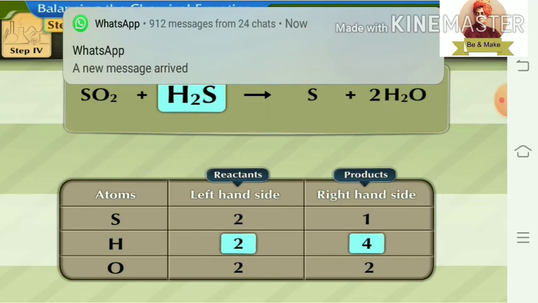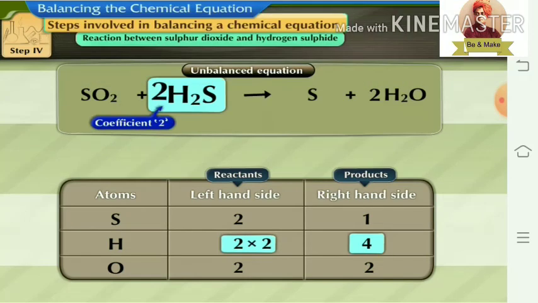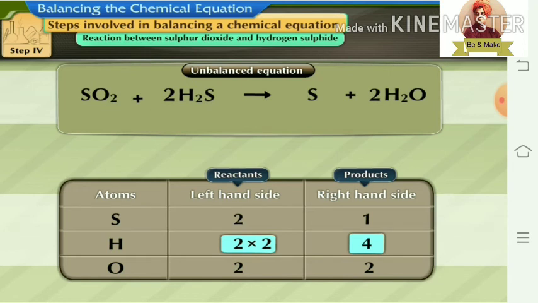After multiplying we get the number of hydrogen in H2S as 4, due to which the number of sulfur becomes 2 plus 1 from SO2.